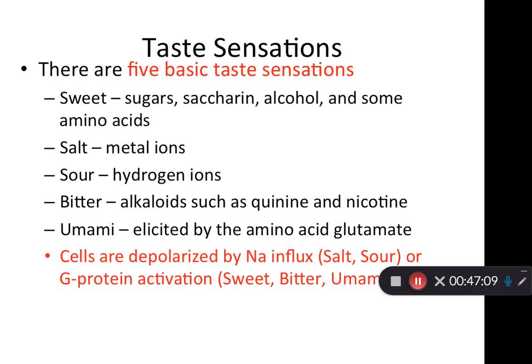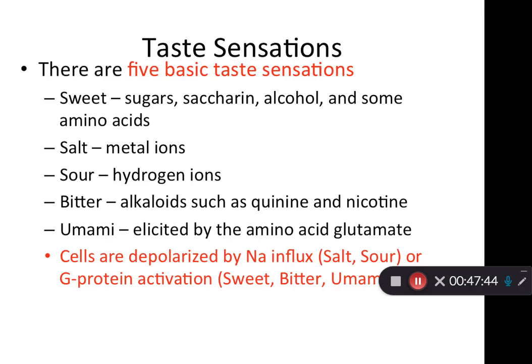And then it's the bitter. The bitter is induced by many alkali solutions, all the chemicals such as quinine and nicotine. So the fifth is umami taste.